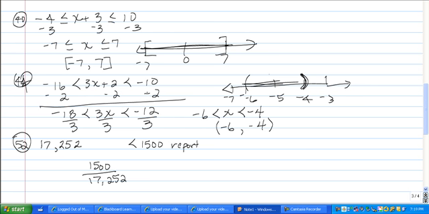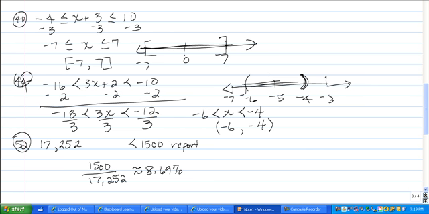Our data is given as percentages, so let's check that. 1,500 divided by 17,252. So that's about 8.69%. Okay, so anything less than 8.69%.